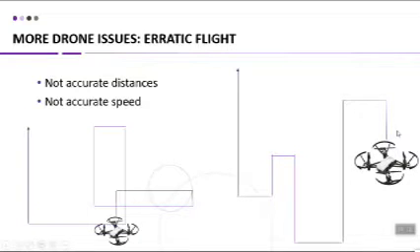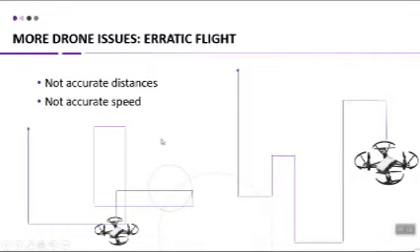I also tried the sequential scanning, and the same problem. Sometimes the distances were shorter, sometimes larger, and in both cases it crashed into the walls. So it was one more disappointment.